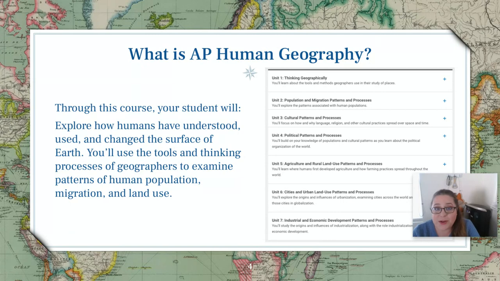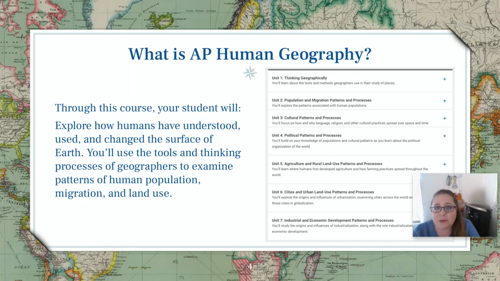So some of you might be wondering what exactly is human geography. This is an AP course. Some of you are familiar with AP courses, some of you are not. It stands for Advanced Placement. So basically the students are working with college level information. They're using a college level textbook.